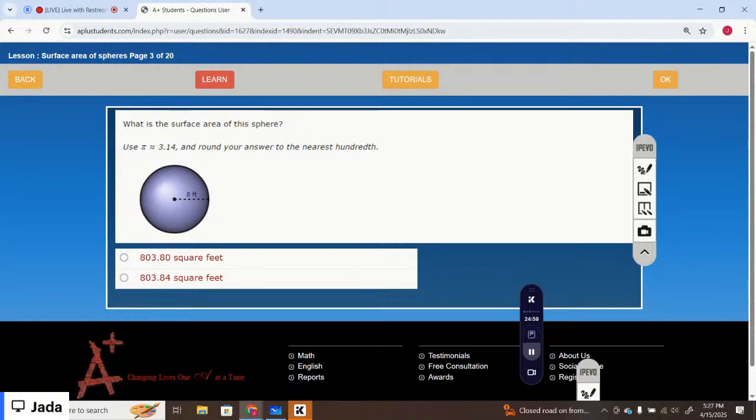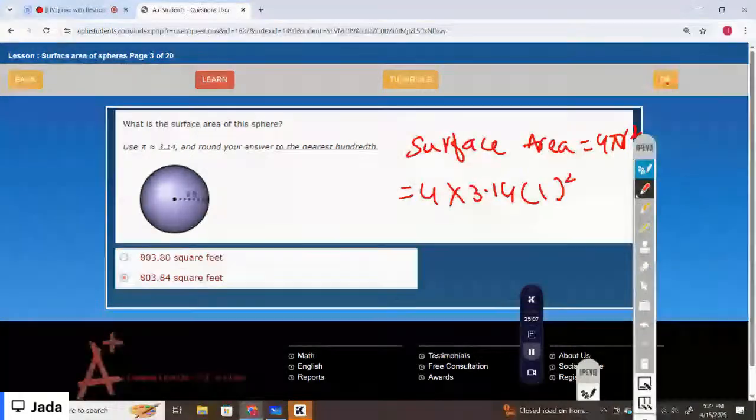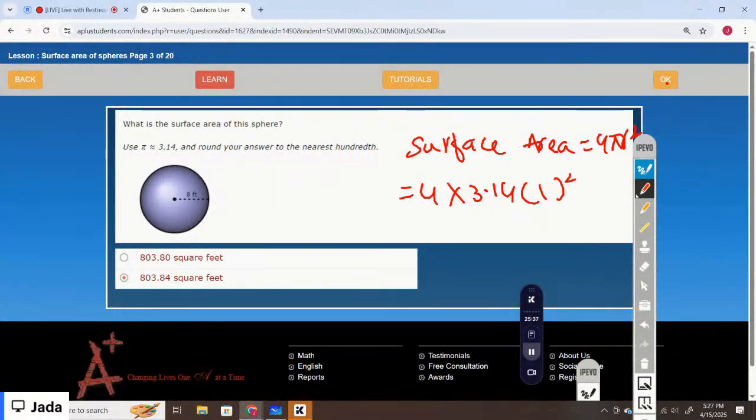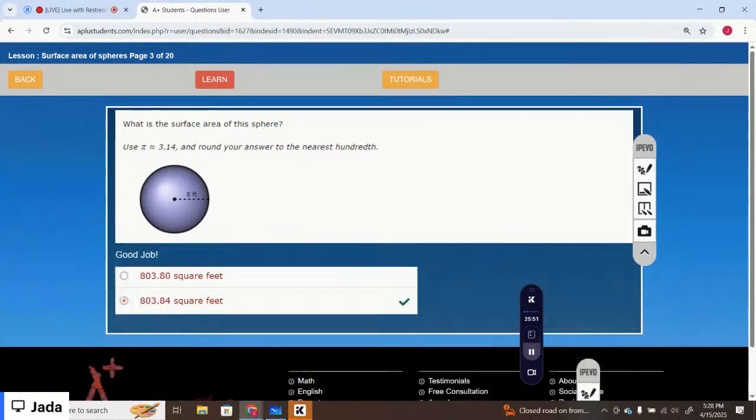That is 803.84. Option number 2 is the correct option.